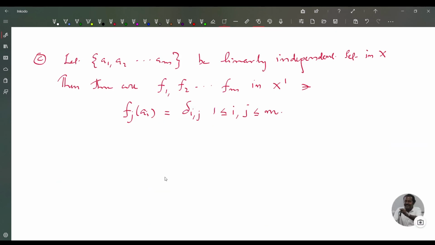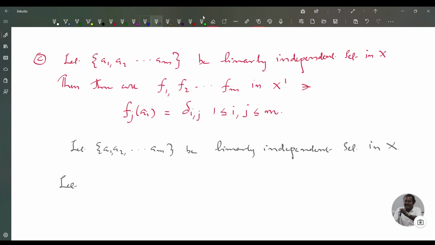Now we prove part C. So let a1, a2, etc., am be a linearly independent set in X. Let Yj equal the span of ai such that 1 is less than or equal to i less than or equal to m, i not equal to j.